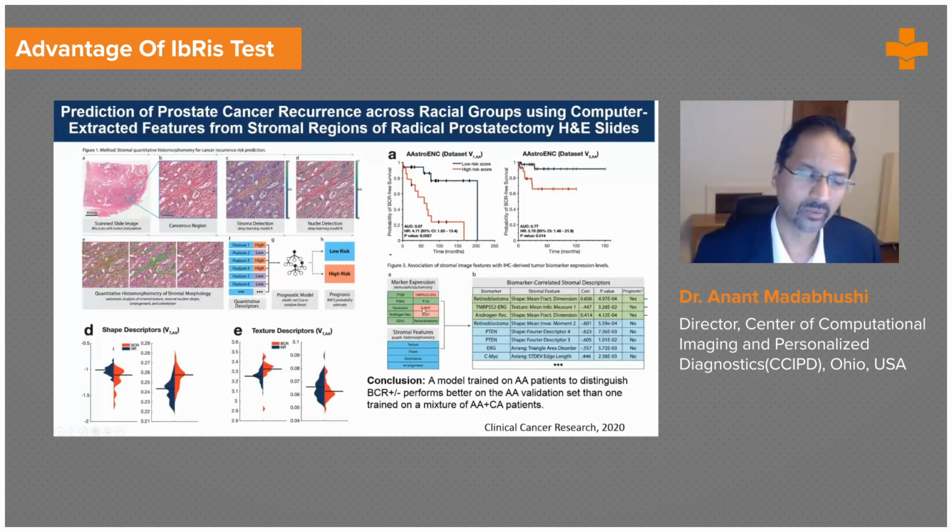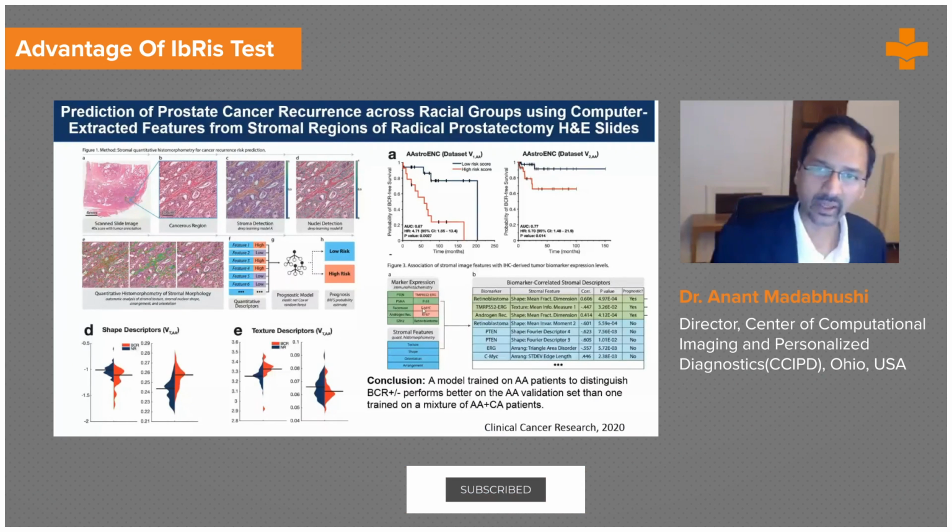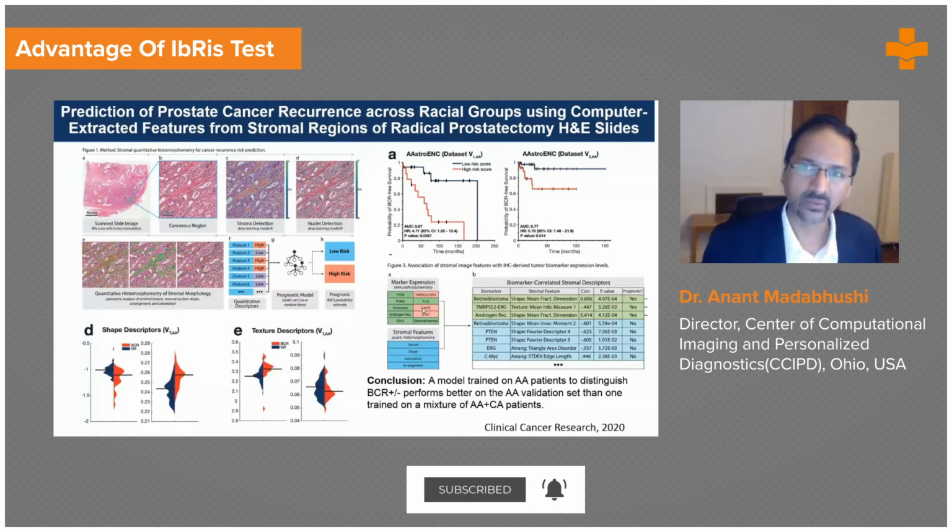Another question we've been trying to address is also, what are the differences between different populations? Do you use one AI model across different populations? Our results seem to suggest otherwise. In work we presented and published last year, we showed that when you looked at Black men and white men with prostate cancer, the appearance of the disease was actually quite different.